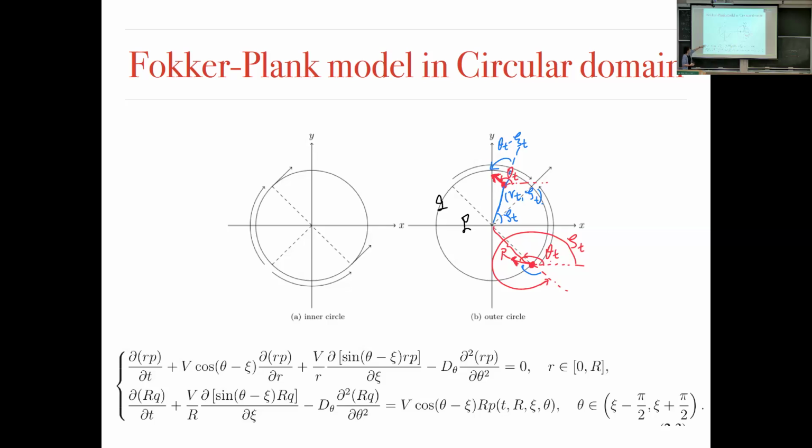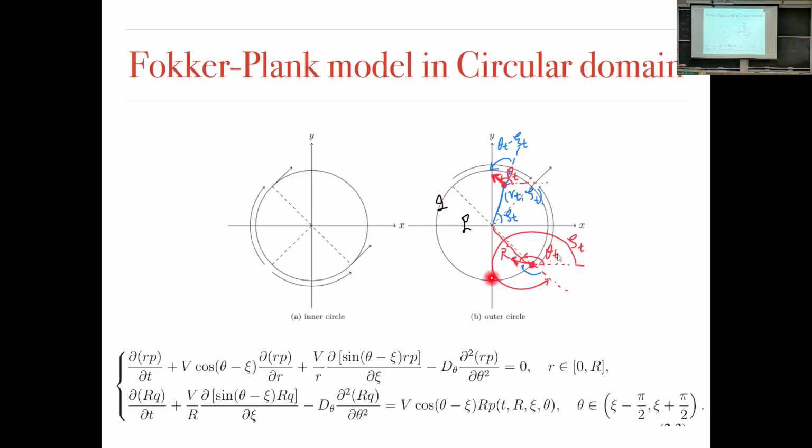So this P and Q, P is the cells inside the disk, while Q is those attached to the disk. You can still write down a model. In the theta direction, it's still rotational diffusion. What changes here is the movement, how it depends on your theta and C. Well, this is the model.